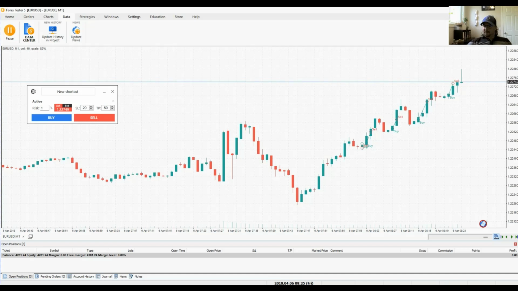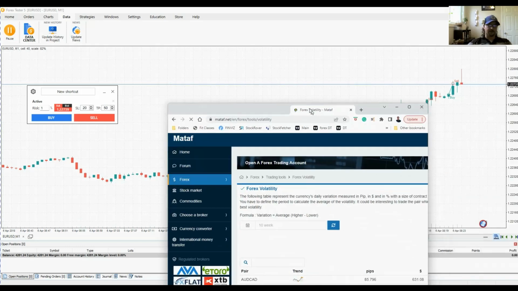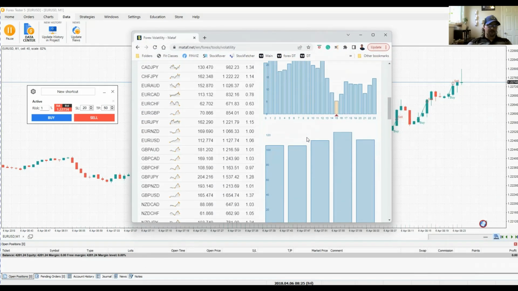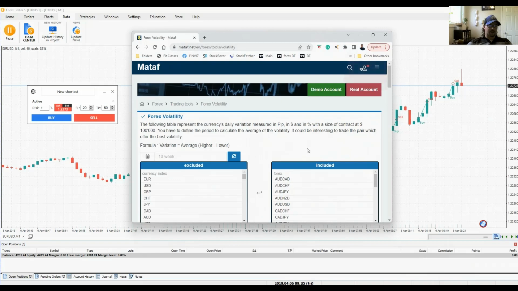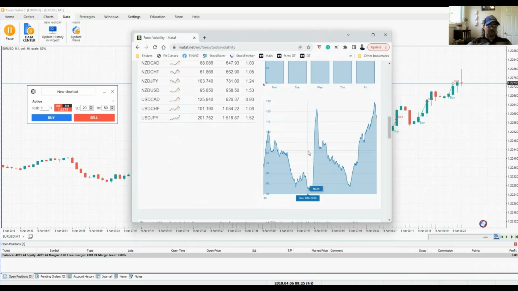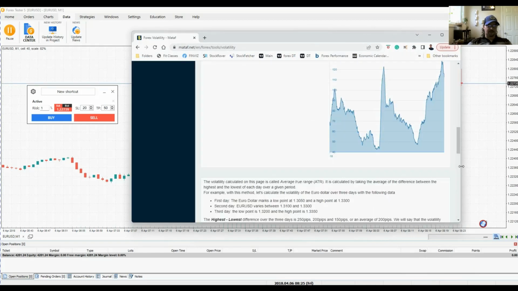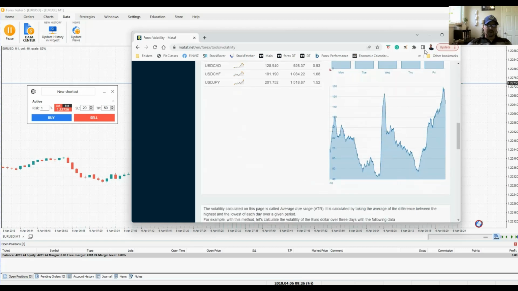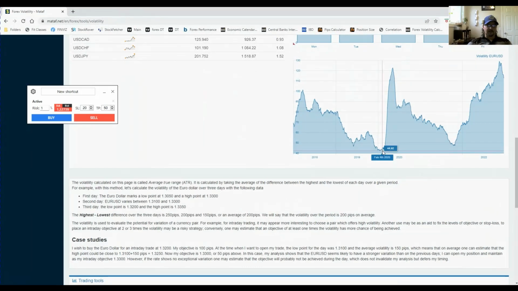In terms of, I really like being able to go back and trade certain periods of time which were different. I'm just pulling up a chart over here. So here on matif.net, you can go back and see what did volatility look like at different times, and go back and trade sometimes in late 2019, early 2020.